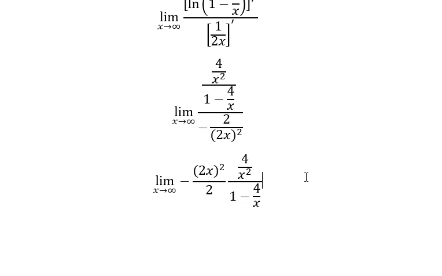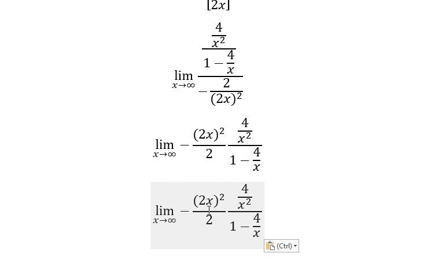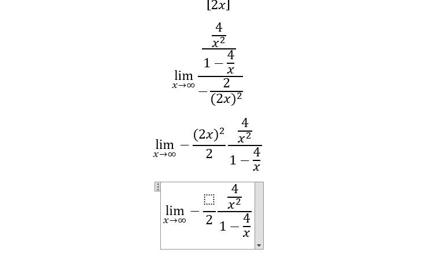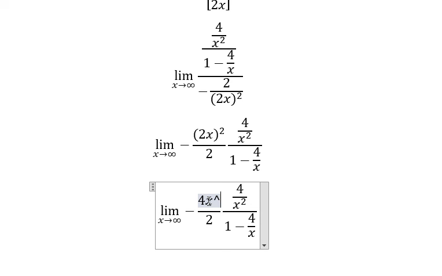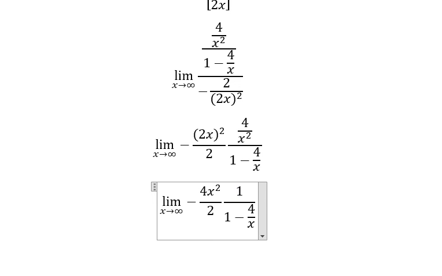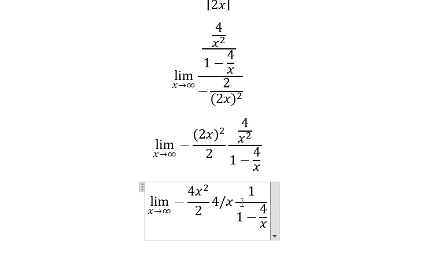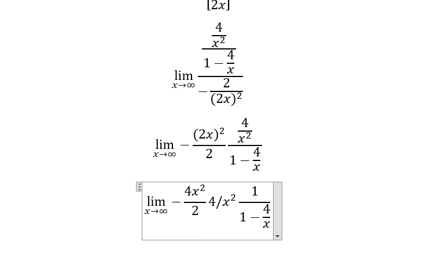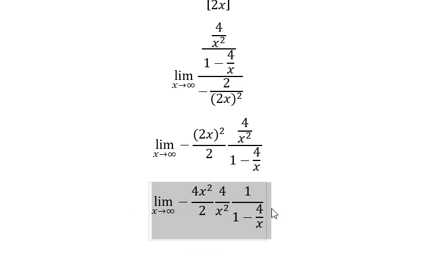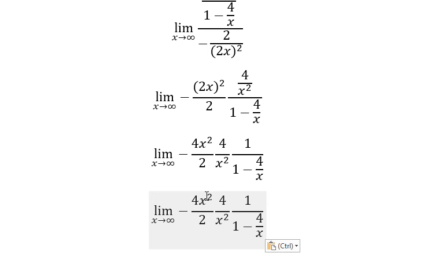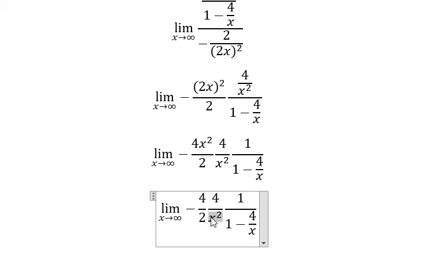So we need to simplify. This is about 4s squared. This one I can write like this. s squared simplified by s squared. 4 divided by 2.